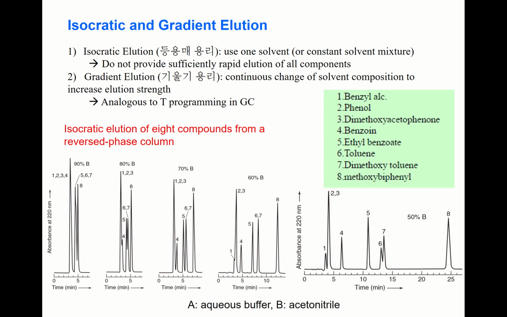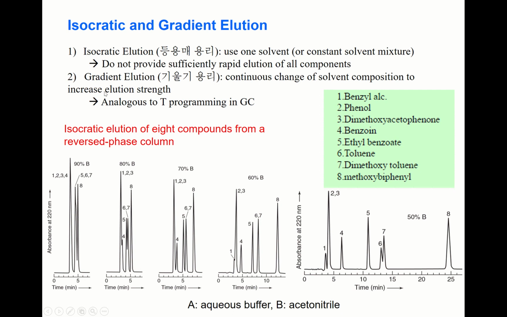But you don't change the solvent during the elution. Okay, that is called 등용매 용리, isocratic elution. But this elution does not provide sufficiently rapid elution if all components are there.